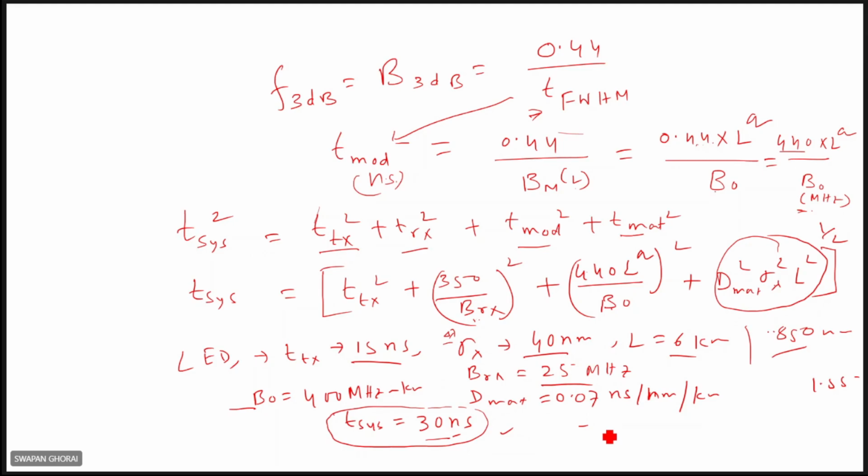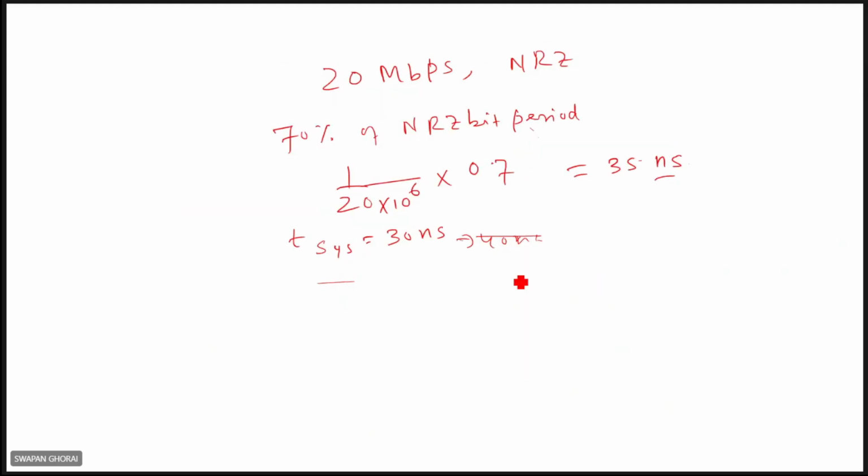Then you have to find out the allowable system rise time, which is 70% of the bit period. So 1 upon 20 times 10 to the power 6, the inverse of the data rate, is the bit period, times 0.7, which gives you 35 nanoseconds.